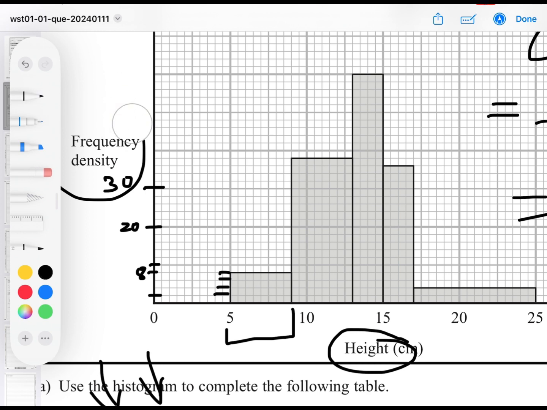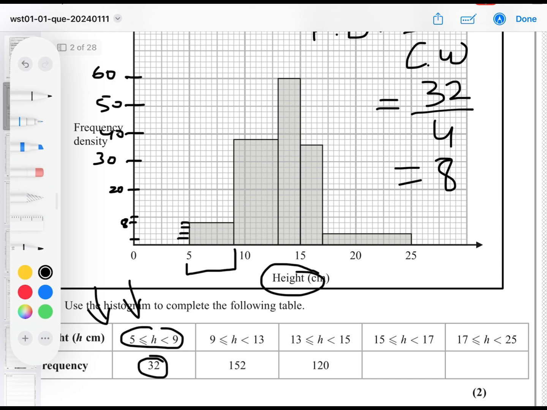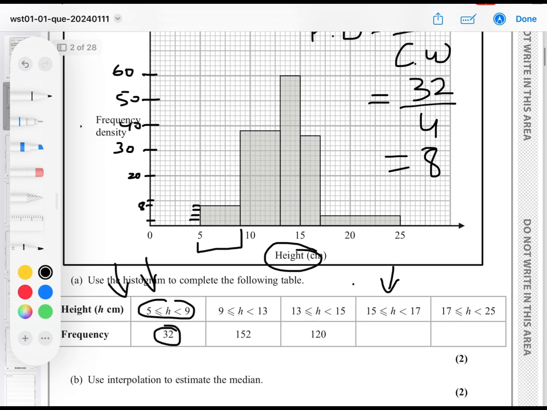This is 30, this is 40, this is 50, this is 60. So now we got the scale for the y-axis. Now it is very easy to determine the rest, and let us check another one to cross-check whether the scale is correct or not.